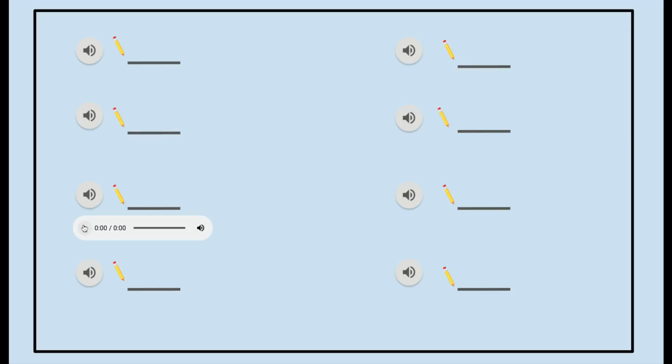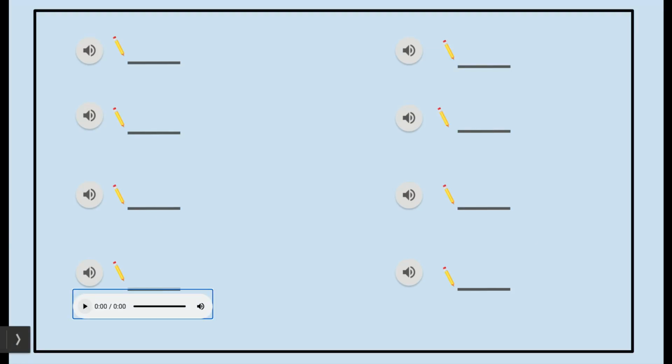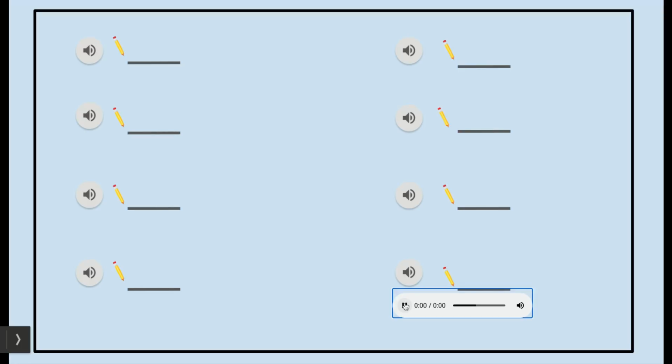Number 5, Number 6, Fl. Number 7, E. And the last one. E.